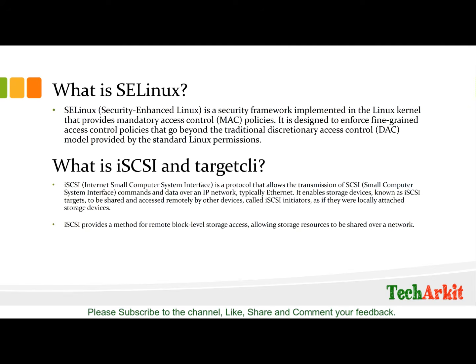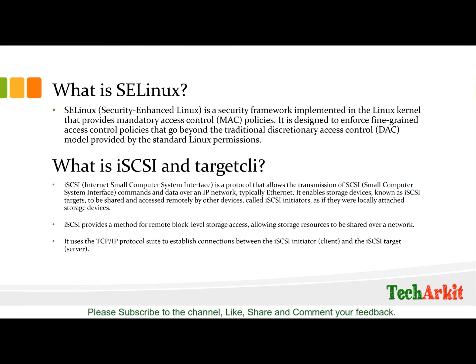But iSCSI will smartly present the block level storage to the servers using the iSCSI network, over the existing Ethernet connection. So that's the major difference, and it provides the flexibility to map the block storage to the servers.